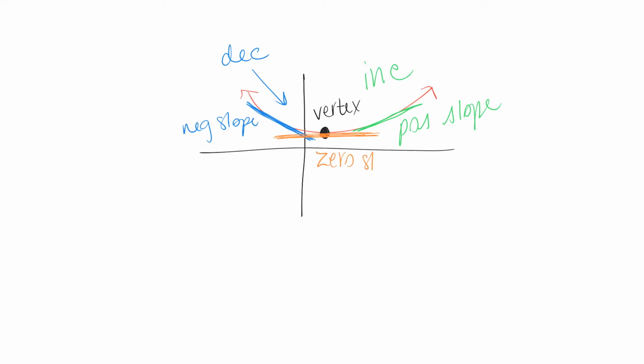The slope is 0. And that can happen at any vertex, whether it's a mountaintop vertex or a valley vertex. So vertex is going to get a new name, and we're going to refer to vertexes as either maximums or minimums now, and they have a slope of 0. So that's fun.